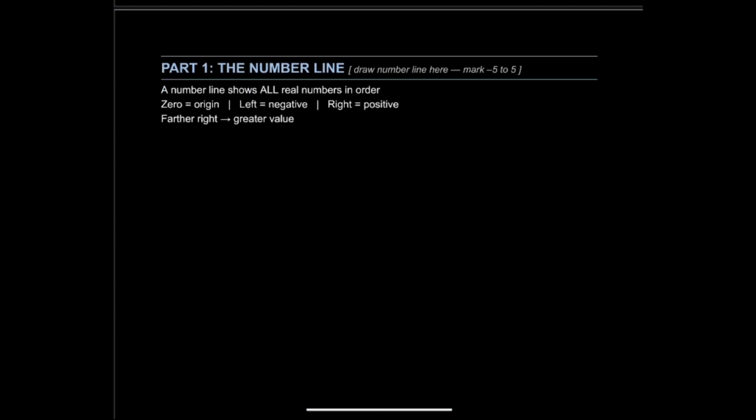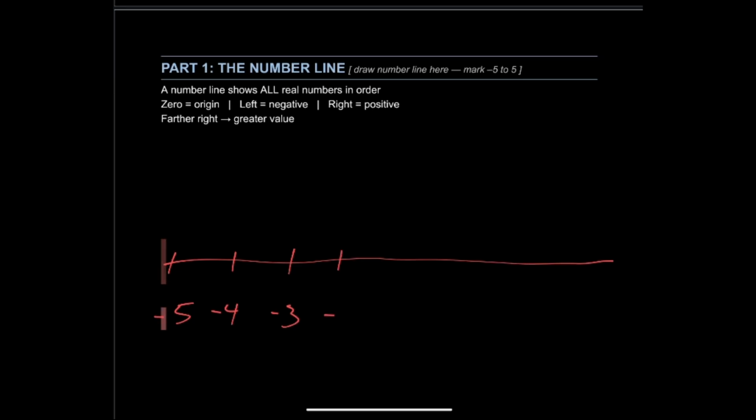So part 1, what is the number line? A number line shows all the real numbers in order, from the smallest, which in this case would be negative infinity, all the way up to positive infinity. You just draw a horizontal line that goes from left to right. I'm going to start at negative 5, negative 4, negative 3, negative 2, negative 1, 0. 0 is the center.